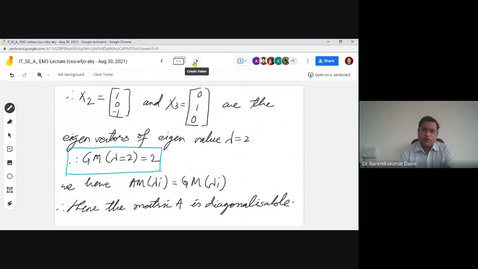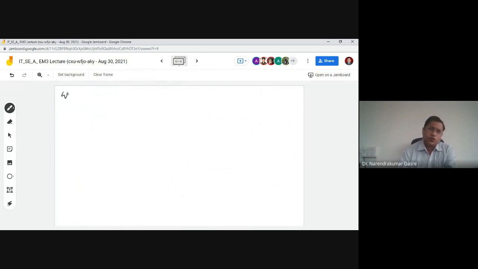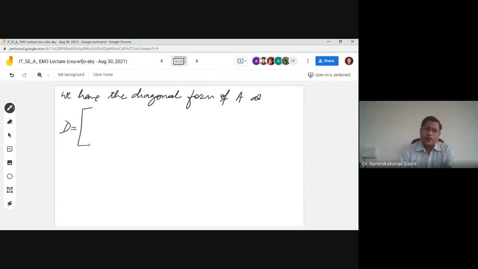Okay, so if it is a diagonalizable matrix, what is the diagonal form, and then what is the model matrix? So we have the diagonal form of A as, so D is a matrix of eigenvalues. So it is going to be 1, 2, 1, 0, 0, 0, 2, 0, 0, 0, 2.